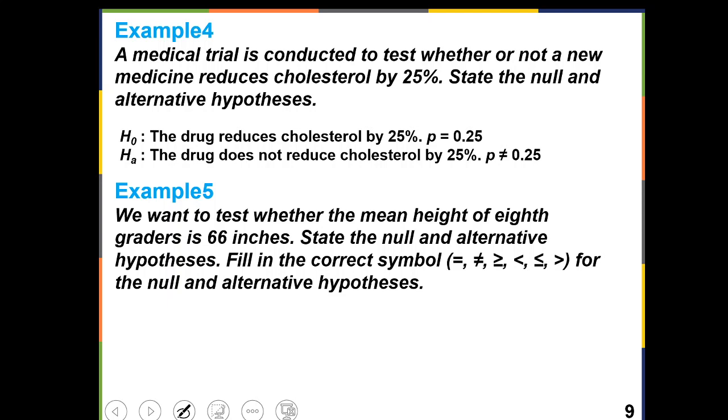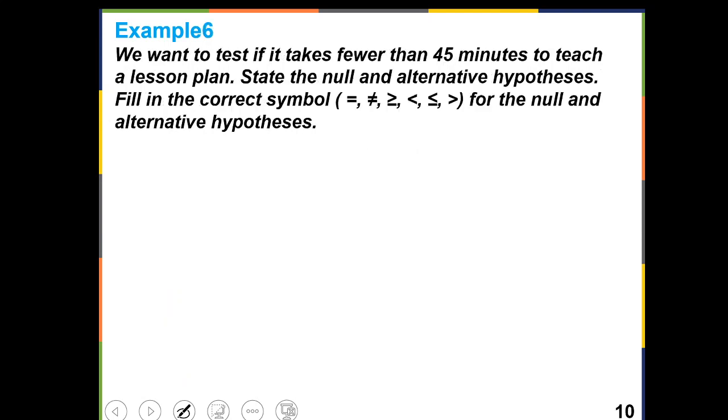State the null and alternative. Well, again, we want to test whether the mean height of 8th graders is 66. So that's equal to. Equal to goes here, not equal to goes there. Always the one with equal to goes in the null hypothesis.